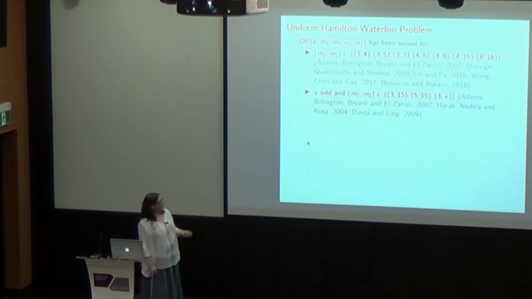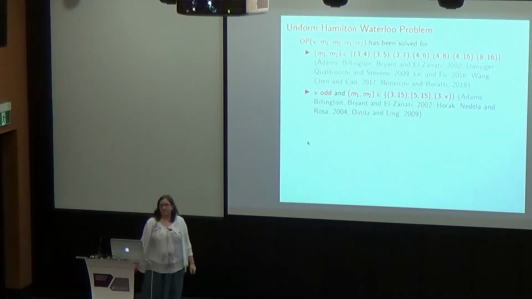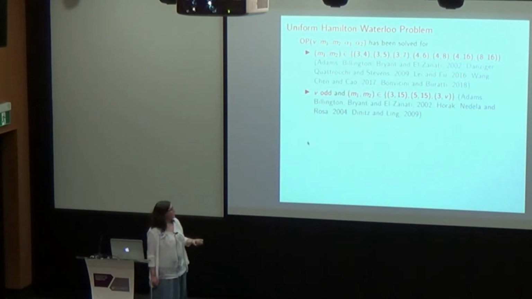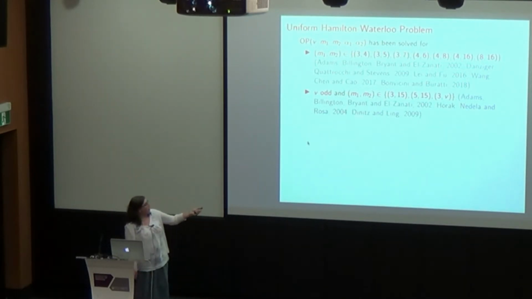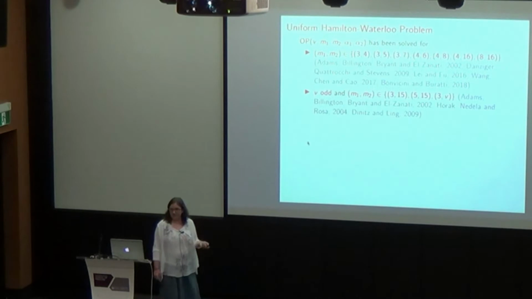So a lot of results have been done on particular cycle lengths. So if our factors are a C3 factor and a C4 factor, cycle lengths 3 and 5, 3 and 7, and so on, those cases have been solved. When v is odd, there are also some results here: 3 cycles and 15 cycles, 5 and 15, 3 cycles and Hamiltonian cycles.